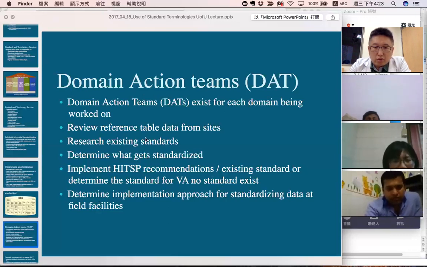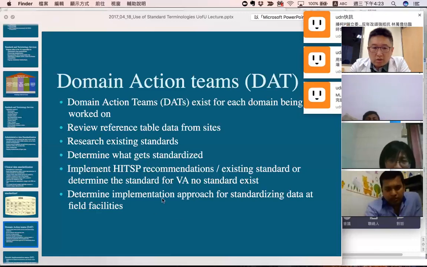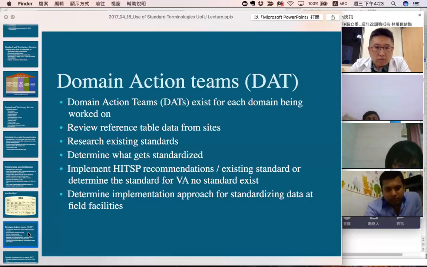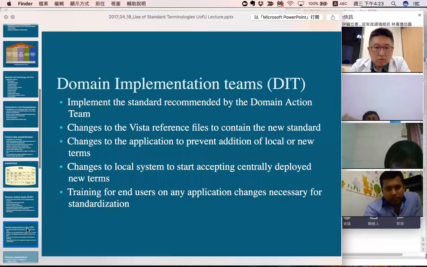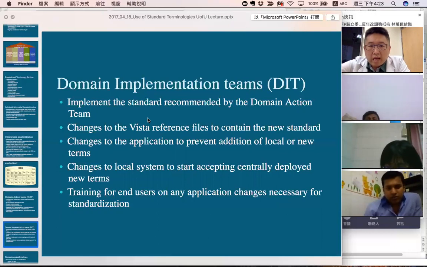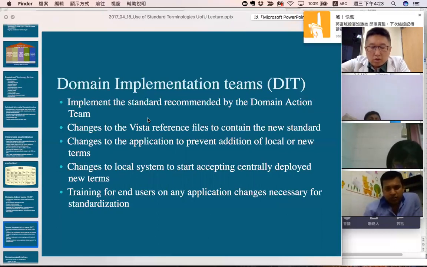If you want to create a system, you need to employ a domain action team, and there are these things you need to review. The domain action team is a little bit like a project manager. First you need to report to the stakeholder.